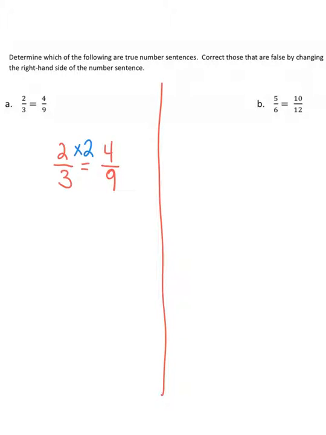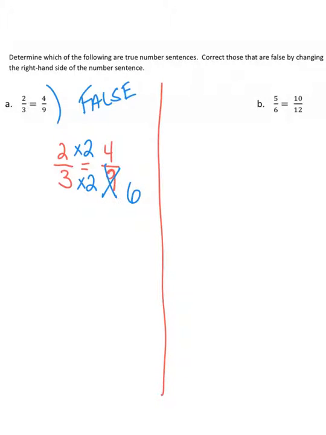But whatever we do to the bottom, we have to do to the top. Whatever we do to the top, we have to do to the bottom. So let's try that on the bottom. 3 times 2 is 6, not 9. So this one is false. Sorry about that. Let me make that nicer. This one is false.